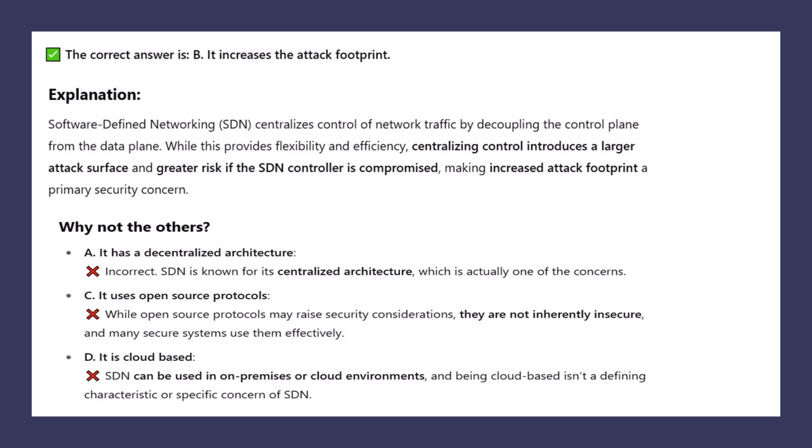While this provides flexibility and efficiency, centralizing control introduces a larger attack surface and greater risk if the SDN controller is compromised, making increased attack footprint a primary security concern, which is what the question is asking. The question is asking about the primary security concern. So it's important that you pay attention to exactly what the question is asking.